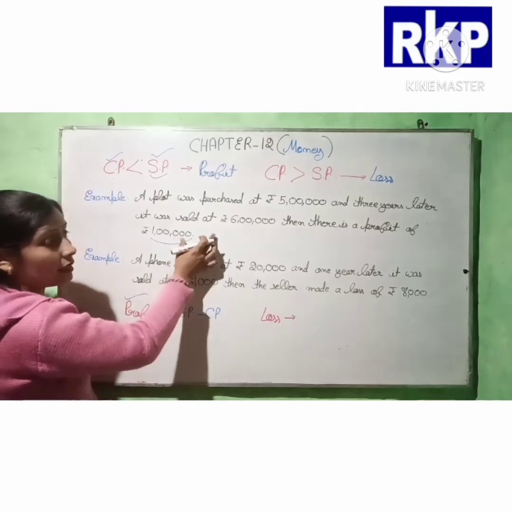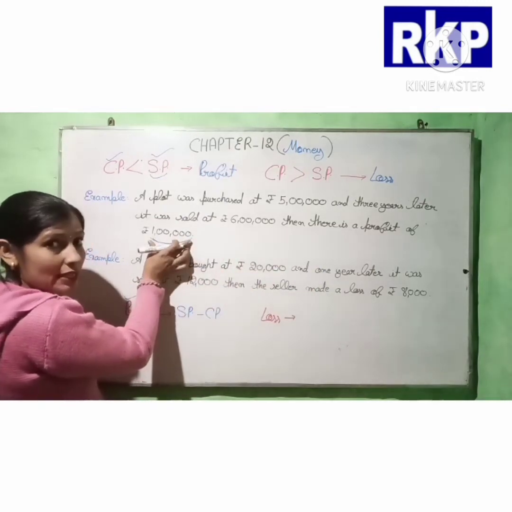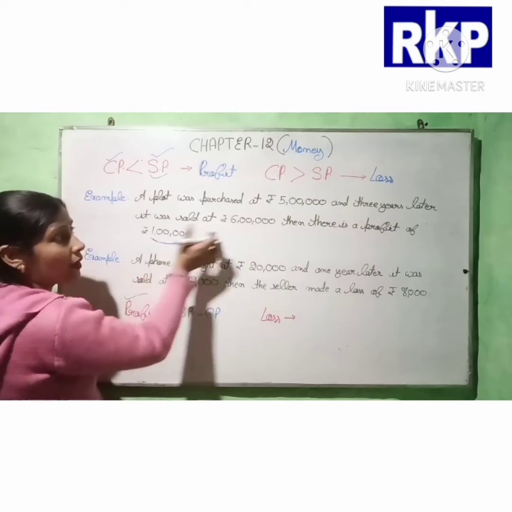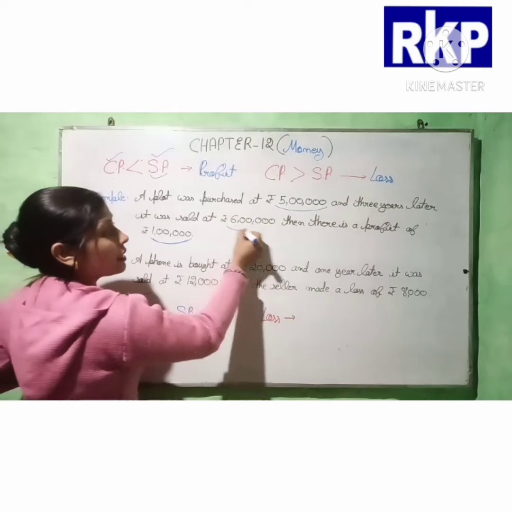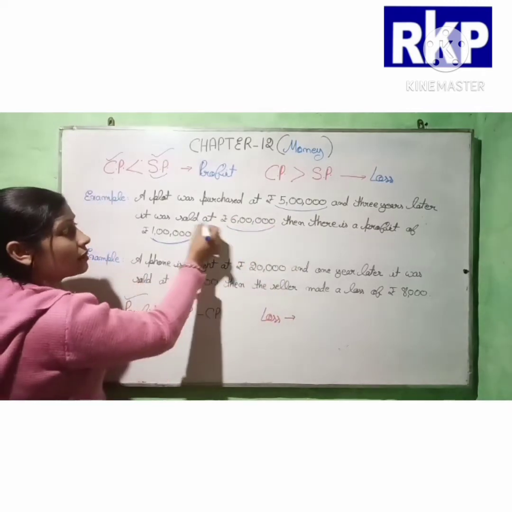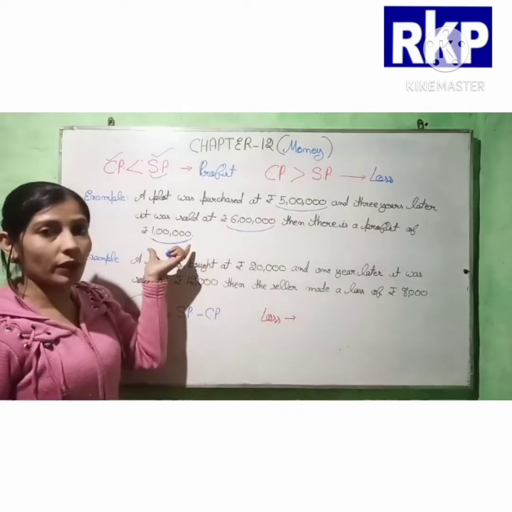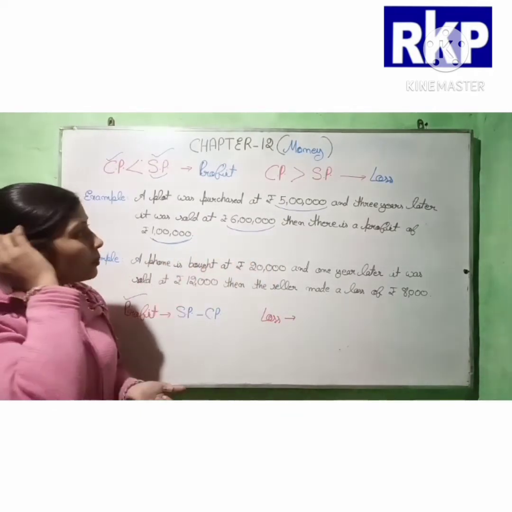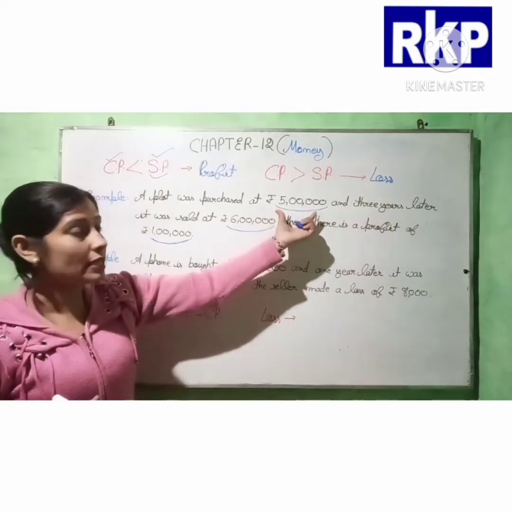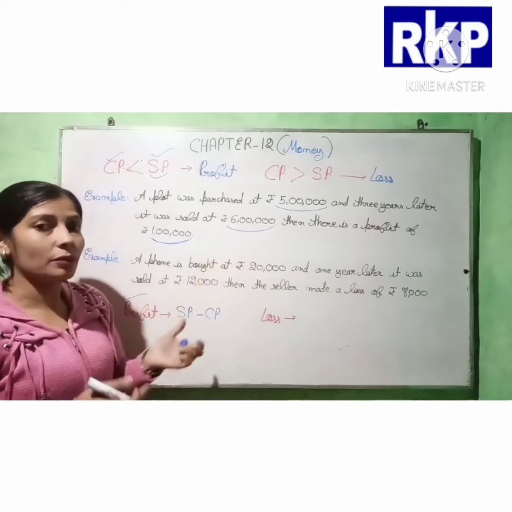And in this example we have profit. 1 lakh rupees is profit, and you know 5 lakh rupees is cost price, 6 lakh rupees is selling price. So how can we find this profit? Yes, by subtracting. If we subtract 5 lakh rupees from 6 lakh rupees, then we get profit.